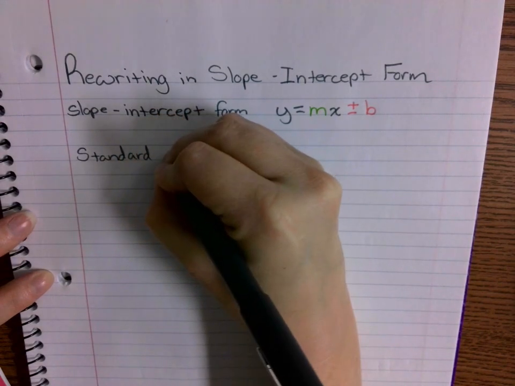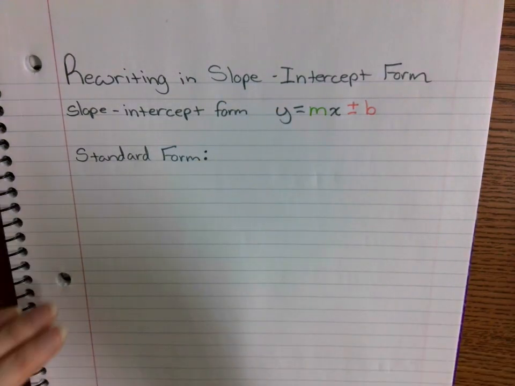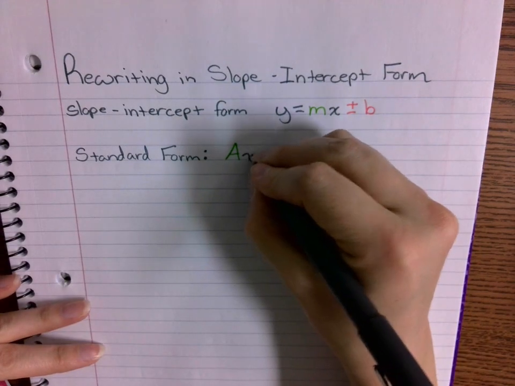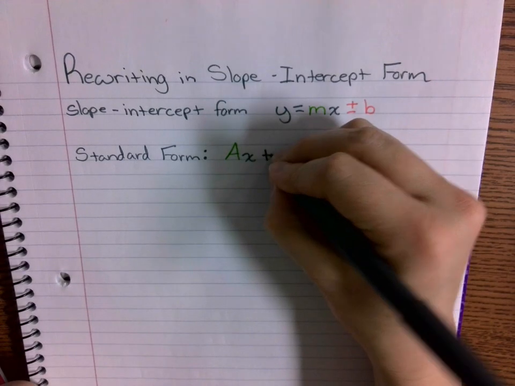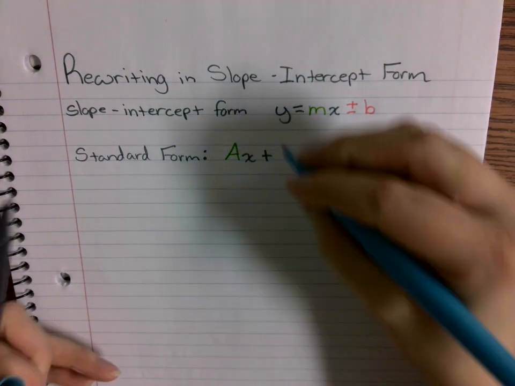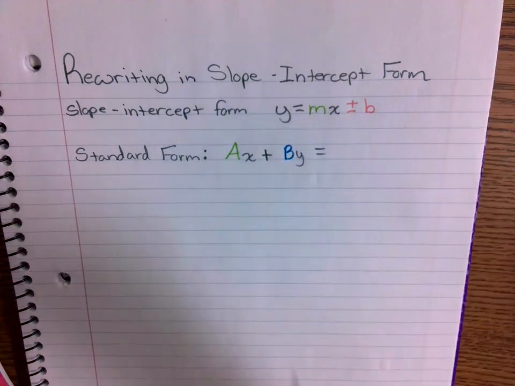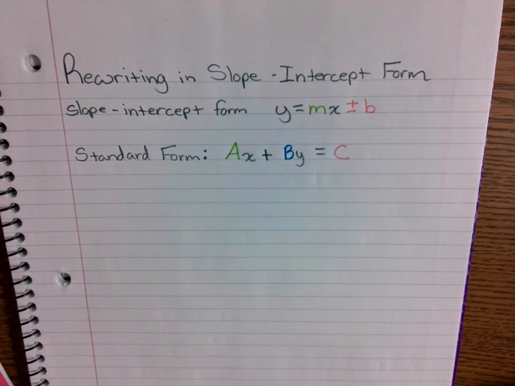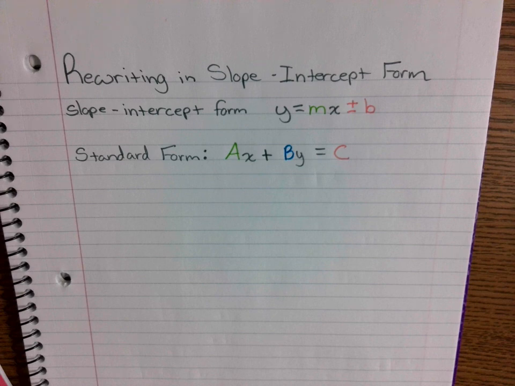So standard form is written in the format of ax plus by is equal to c, where a, b, and c are all number values, number representations. X and y are your variables.